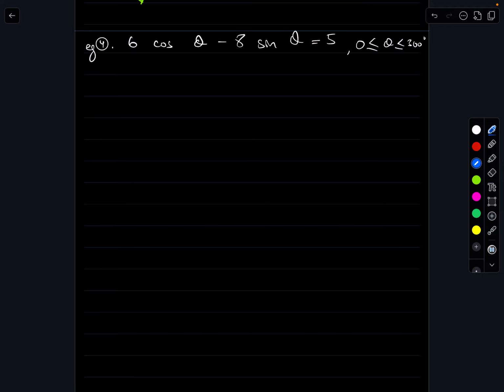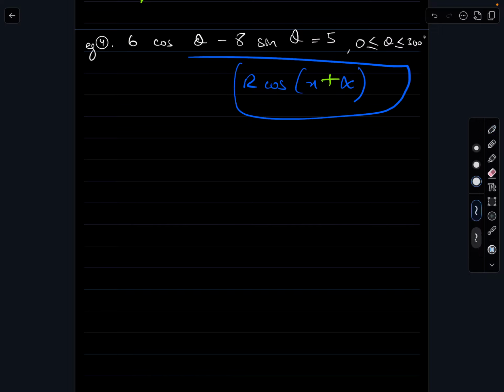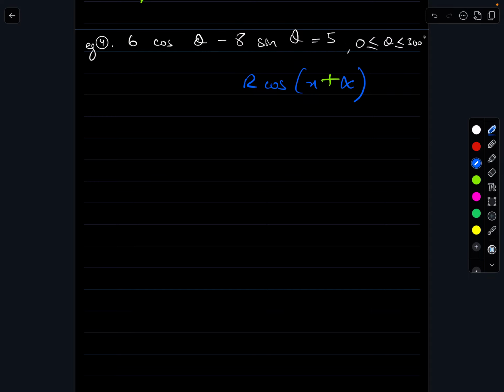Then our last and final example, again in terms of cos, but we have a minus here, thus we need to express this preferably in the form of r cos x. There's a minus here, so there's going to be a plus here. Alpha, brackets closed. So this is what we'll work out for, and phi will remain as it is again. Remember this phi.